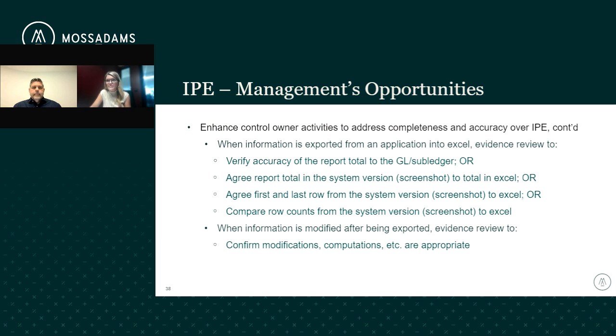And then taking it a step further is including evidence also, if that report or information is in an editable or modifiable format, what are the procedures that management should take to make sure that that modifiable format does agree to something non-modifiable? For instance, taking a screenshot from the system report on the screen, maybe a report total, and using that screenshot and showing that it ties out to the total in the Excel output.